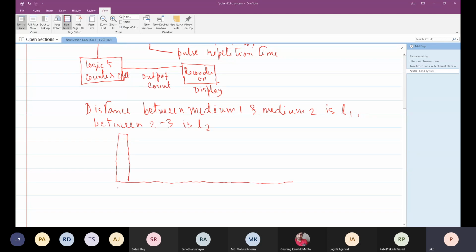So this one is TW, the launching pulse, and subsequently after some time the second pulse will come.